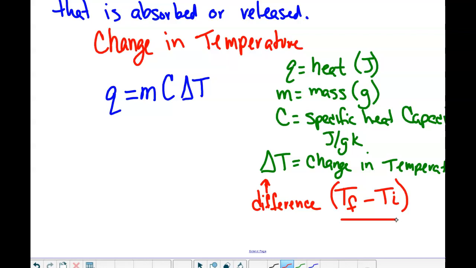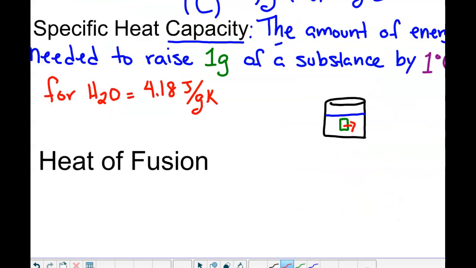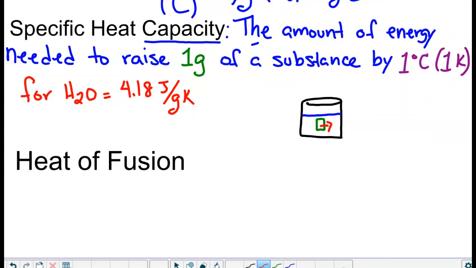All right, so that covers if there is a temperature change, but what about if there's a phase change? Just like how we have our specific heat capacities, the amount of energy needed in order to change the temperature by 1 degree Celsius, heat of fusion is going to have to do with melting and freezing. Remember that fusion has to do with melting and freezing.